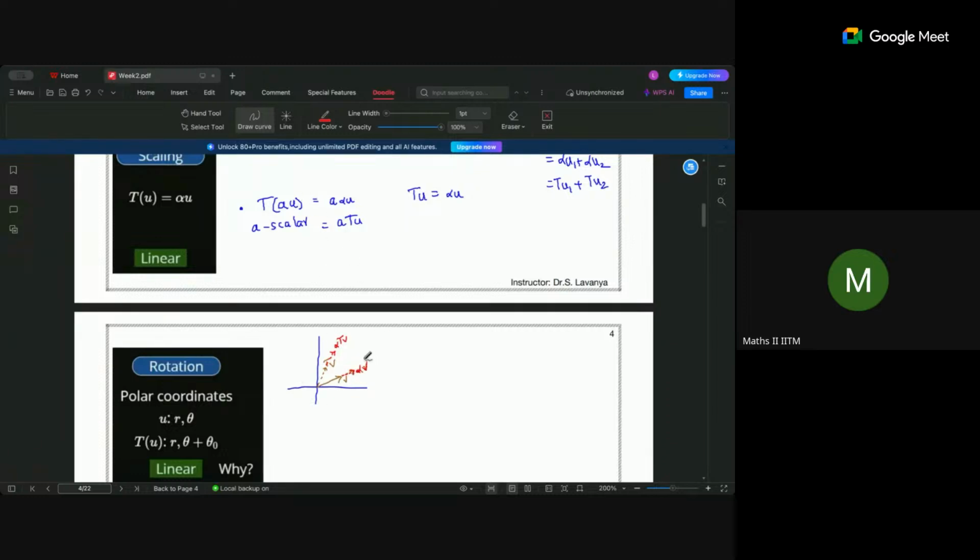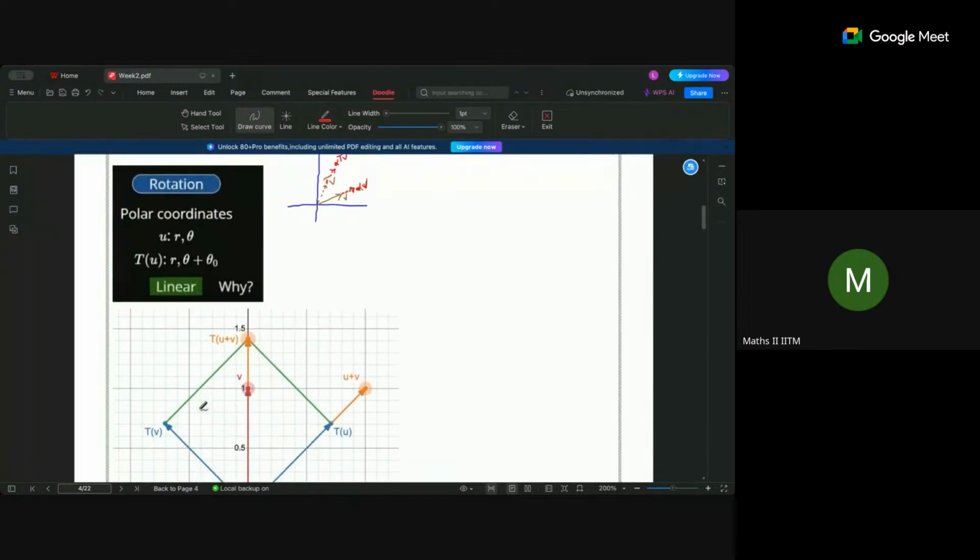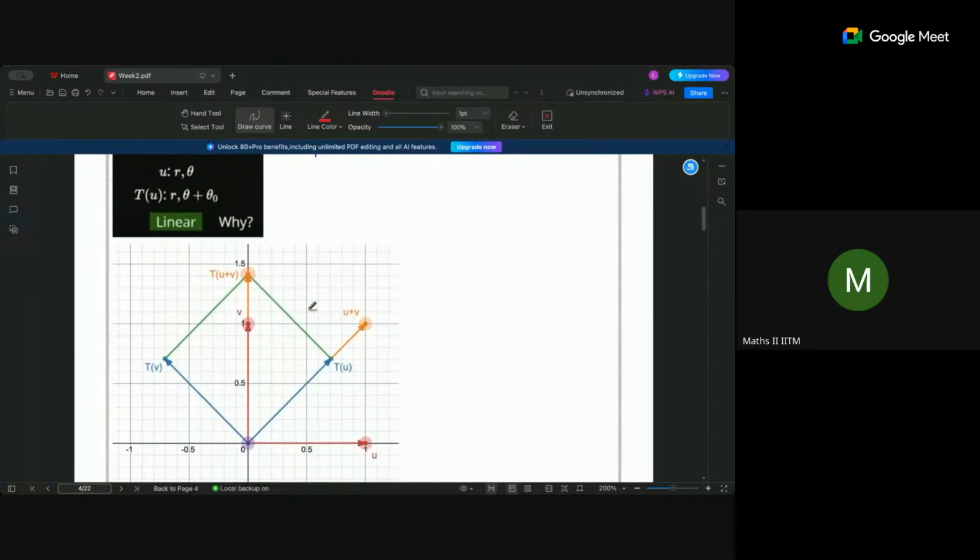To visualize the additive property for rotation, maybe it is not very easy for many people, so I have given an example here. Let us take two vectors u and v. So u is this vector (1, 0), and I have taken v to be the vector (0, 1).